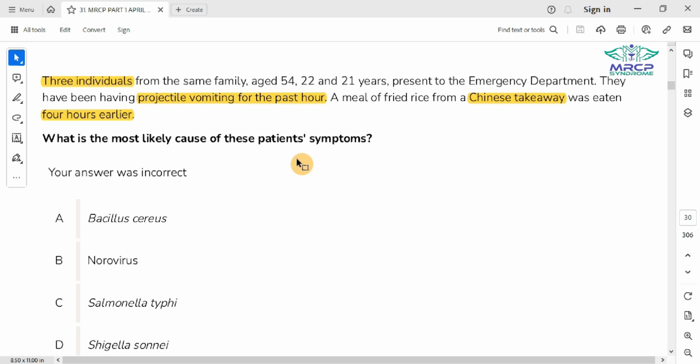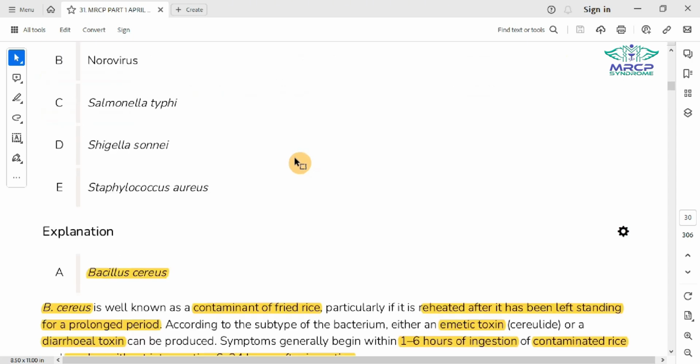So since it had a short incubation period, and there was a history of eating in a restaurant, they didn't exactly mention whether they had fried rice or something else. They just gave a clue of the restaurant, and out of the 7 friends, 2 or 3 had similar symptoms, and it was very confusing whether to go for norovirus or Bacillus cereus. Since only 2 or 3 out of 7 friends were affected, Bacillus cereus was the more appropriate answer.